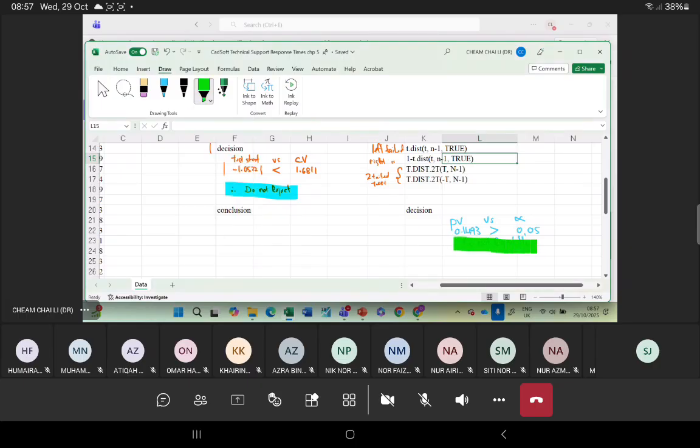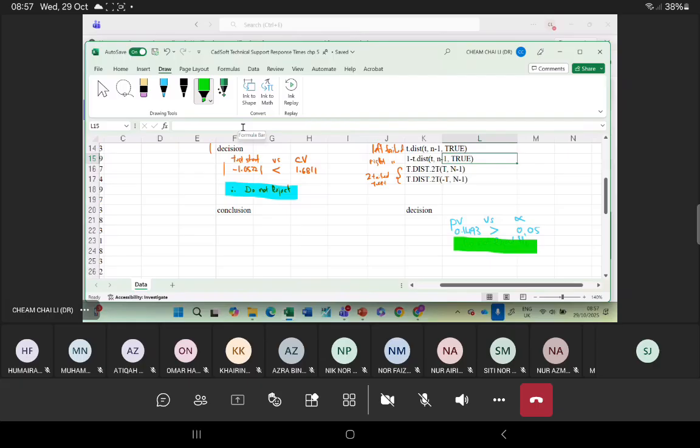Do not reject yang ni untuk p-value approach, dengan critical value, kena do not reject juga. Dia punya decision mesti consistent. Tak boleh satu reject, satu do not reject. Okay, so yang untuk p-value sama jugalah.